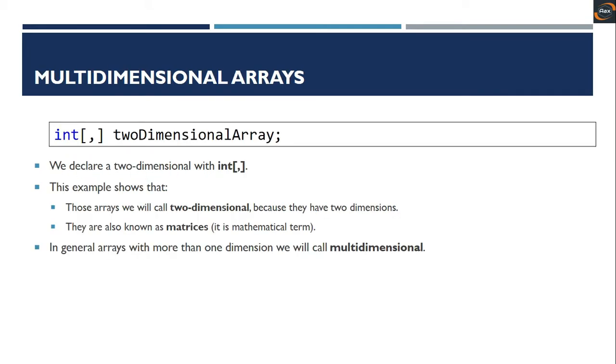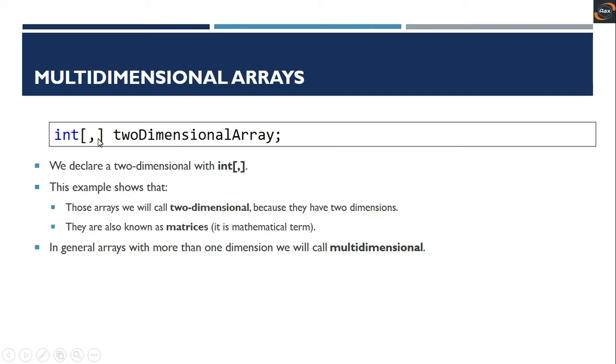You can have multi-dimensional arrays, like we have mentioned before. We have seen one dimension. Now let's see two dimensions. If you want to have two dimensions, you have to separate them by a comma. This is a two-dimensional array. This array is called two-dimensional because it has two dimensions.